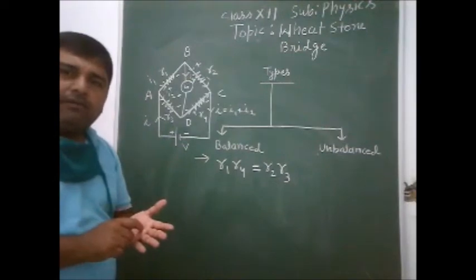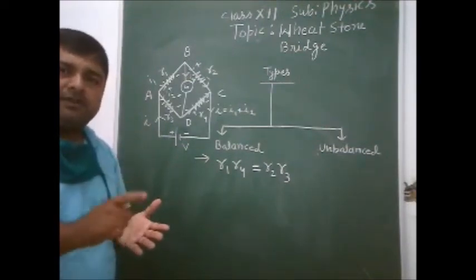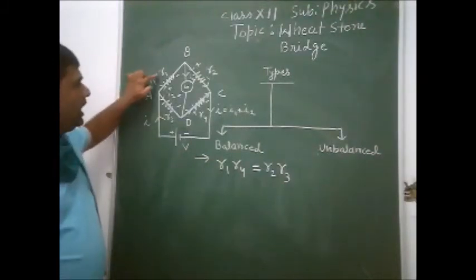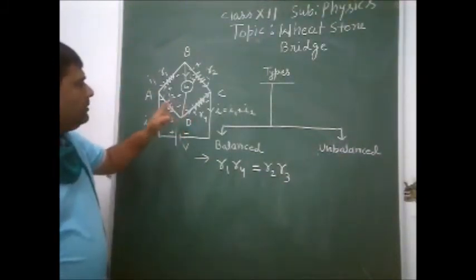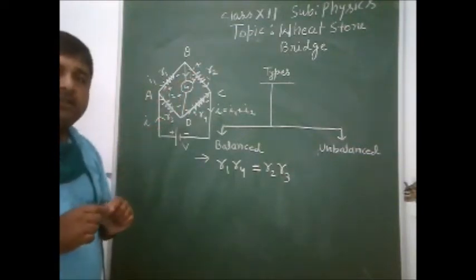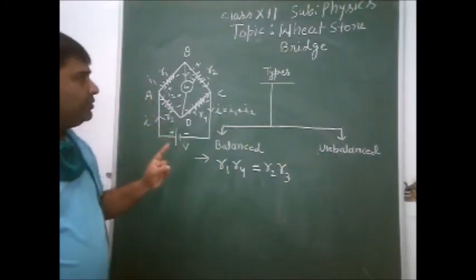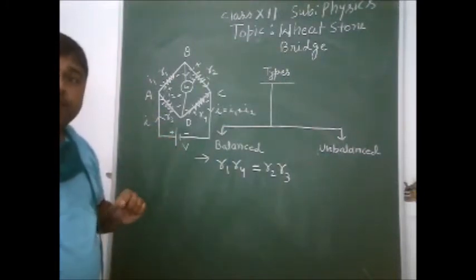Products of the resistors connected in the opposite arms must be equal. It means R1 R4 must be equal to R2 R3. In that case, we can say my Wheatstone bridge is balanced.